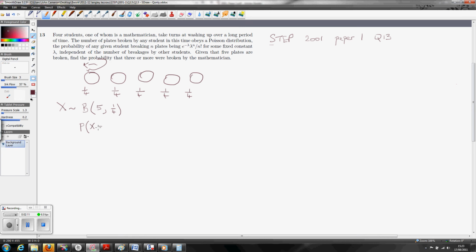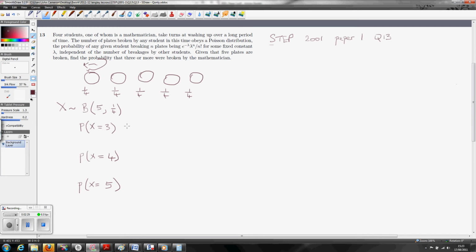So to do that, we're going to work out the probability that x equals 3, and the probability that x equals 4, and the probability that x equals 5. And we're going to add those up, and that will give us the probability that we want.